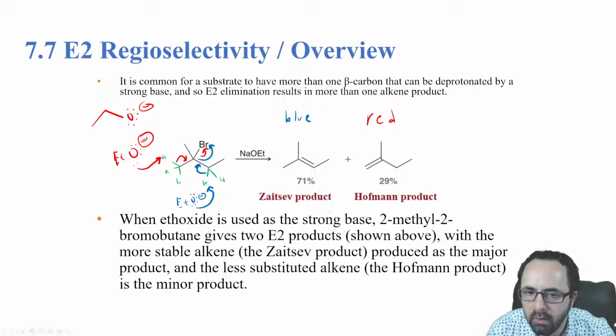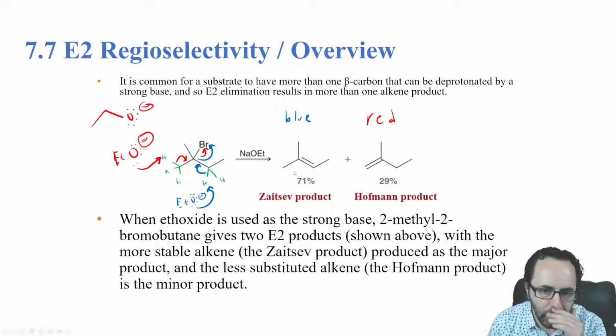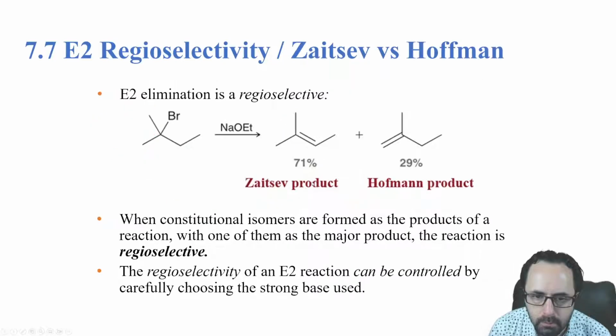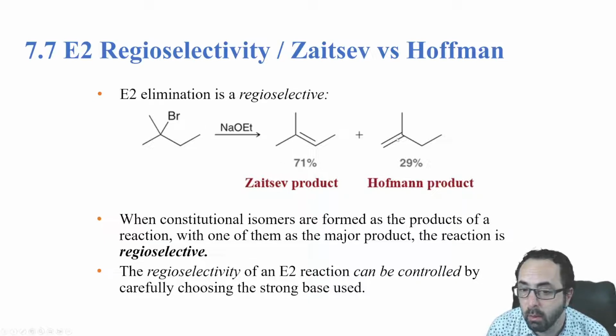And so this is referred to as regioselectivity. Say regio, you can think of region. What region of the molecule will this reaction occur in? It will be preferred in this region rather than this region here. So when we have various constitutional isomers, these are constitutional isomers of one another, not stereoisomers, with double bonds in a different place.